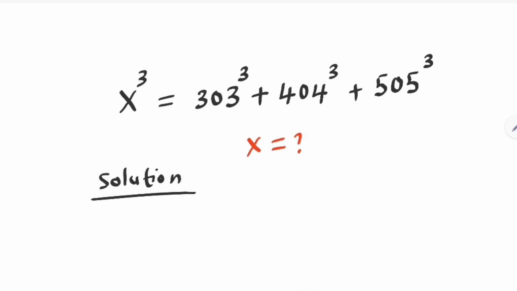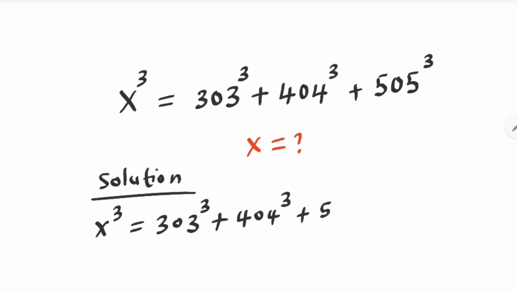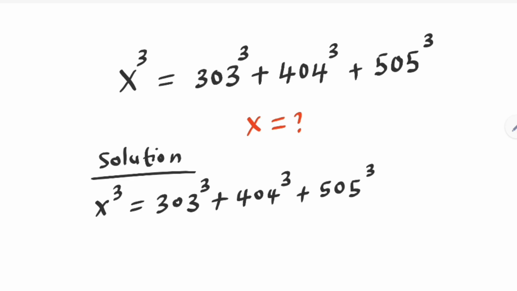Now we have the given equation. x raised to power 3 is equal to 303 raised to power 3 plus 404 raised to power 3 plus 505 raised to power 3.